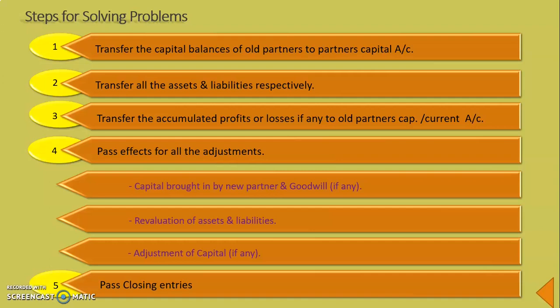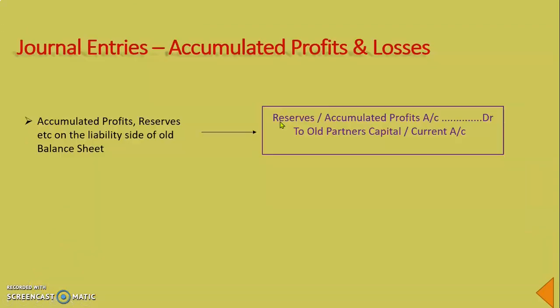If you are asked to pass journal entries in the problem, then we start our journal entries from transfer of accumulated profits or losses. If accumulated profits or reserves are given on the liability side of the balance sheet, then we write reserves or accumulated profits account debit to old partner's capital account.